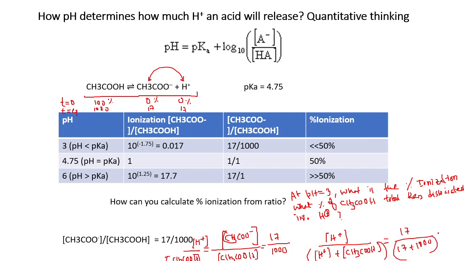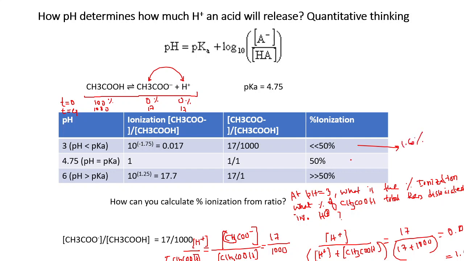If you calculate this, it is going to be 17 divided by 1017, or more specifically 0.016, which represents 1.6%. So the dissociation is 1.6%.